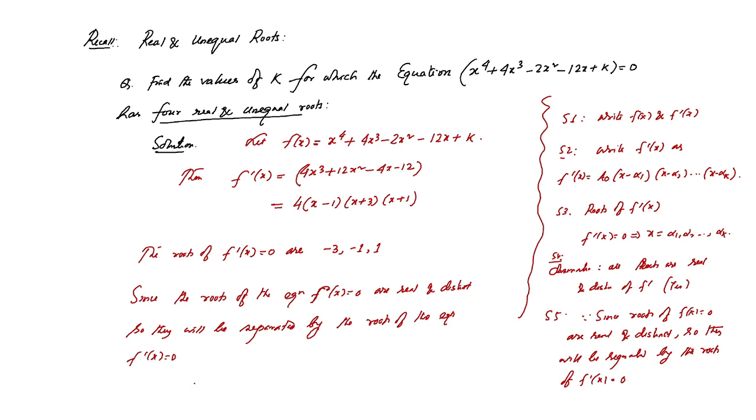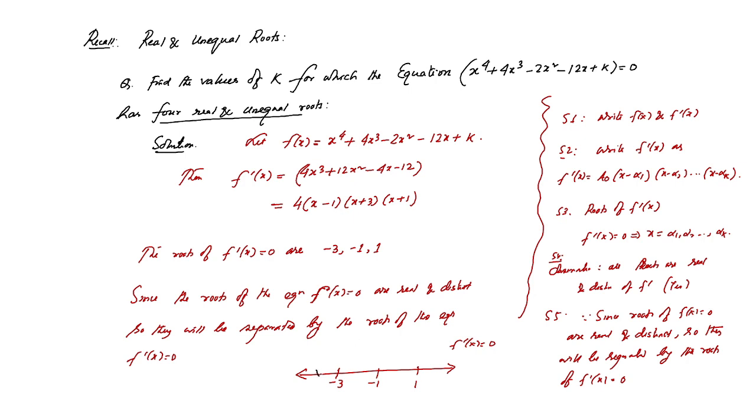Now you just observe what the roots of f dash x equals 0 are. The roots are minus 3, minus 1 and 1. So here f dash x has 3 roots and they will be separated by the roots of f(x) equals 0.